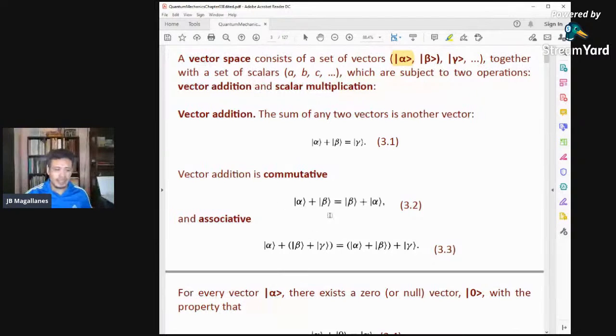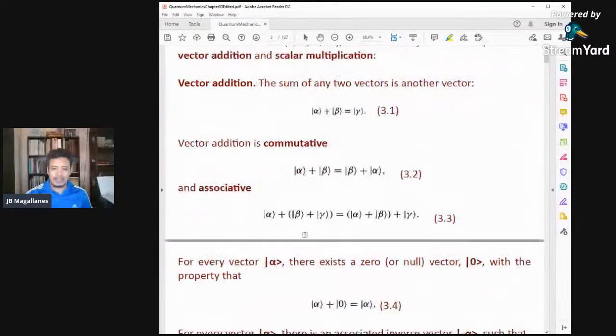This means that you can interchange the order of the addition. And this is also associative, meaning that you can add the second and third first, or you can add the first and second, or the first and the third first before you add the other vector, and you'll get the same result.